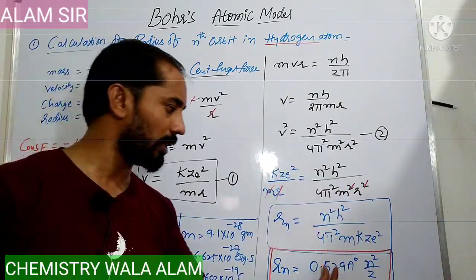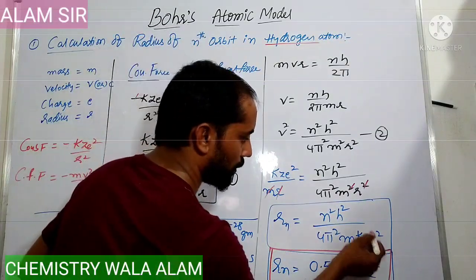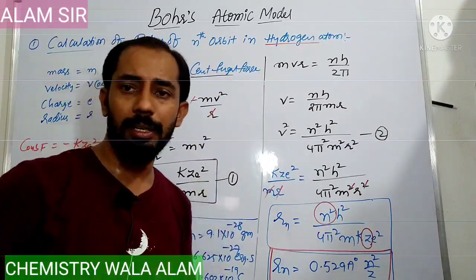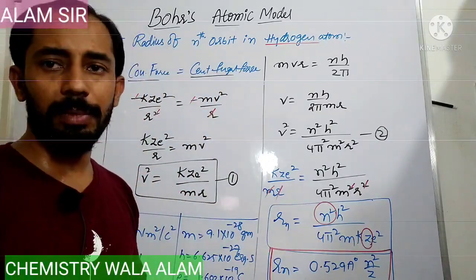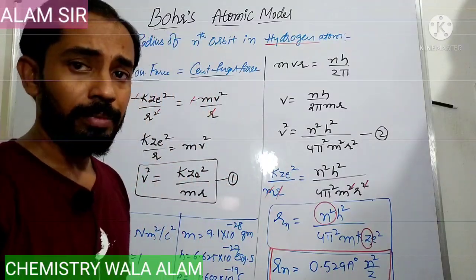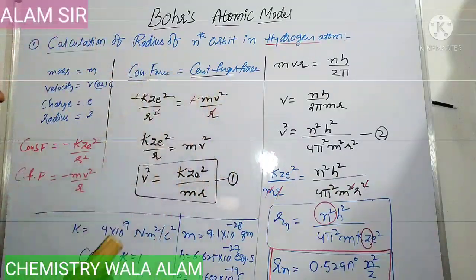By substituting, except n square and z, all the remaining values are constant. Only n square by z changes, based on the atom and the shell number. So this is the calculation of the radius of the orbit.